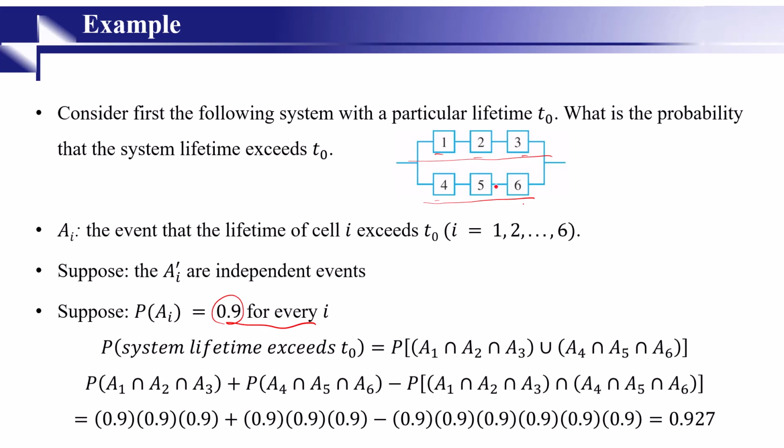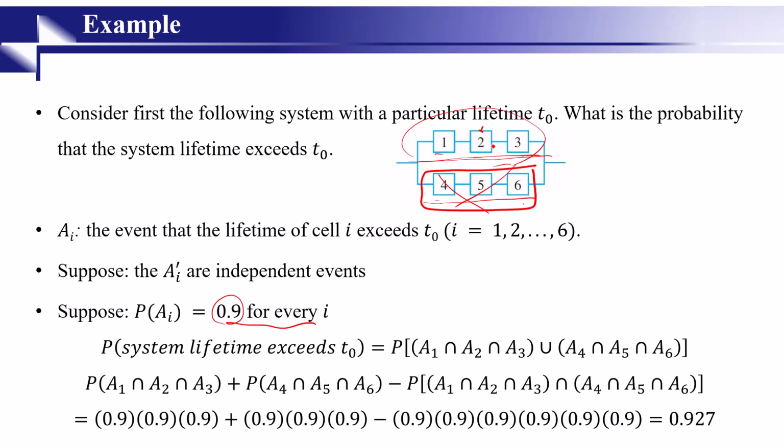The system works if at least one subsystem works. It means all three in a line must work okay, right? If any of these cells has a problem, this line is out of order. But if all three work okay, it's okay. And if one line is out of order, still the second line can work, right?